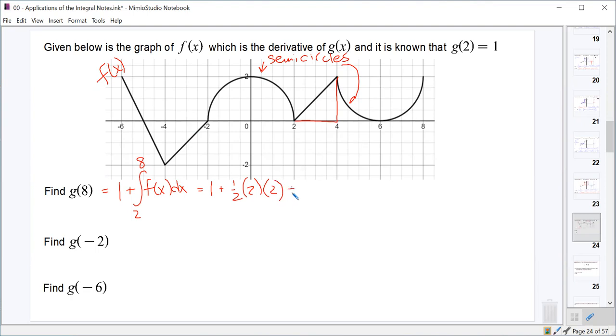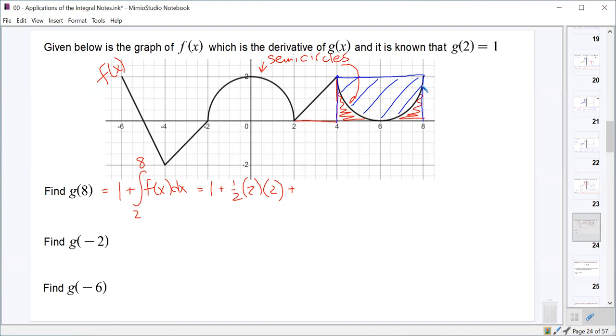And then we're going to add in some more area underneath this curve, this piece. But that piece is actually what's underneath the semicircle, so we got to think about that one a little bit differently. This is a full rectangle, and we are subtracting this semicircular region out of it.